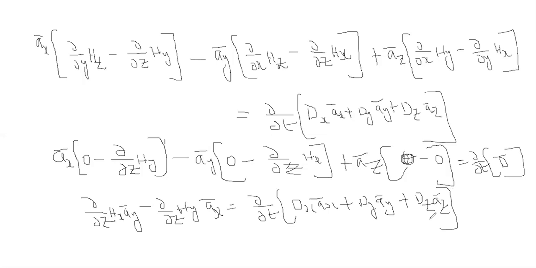To compare the left hand side and the right hand side: in the left hand side we have only the x and y terms, in the right hand side x, y, and z.